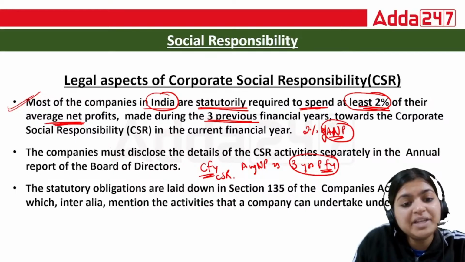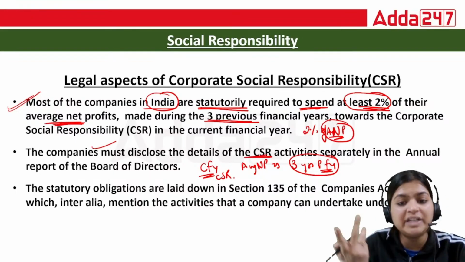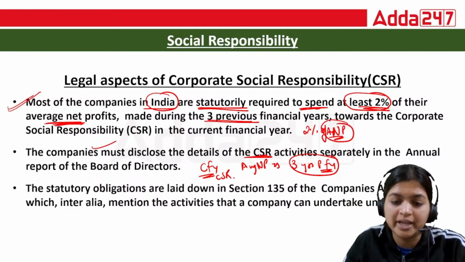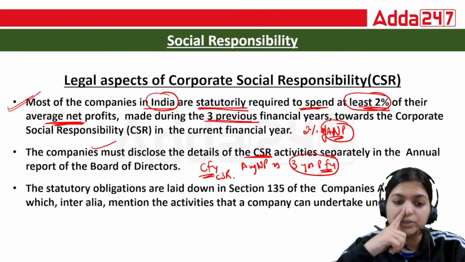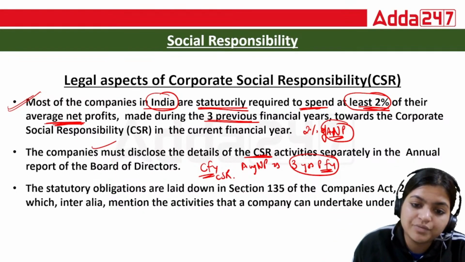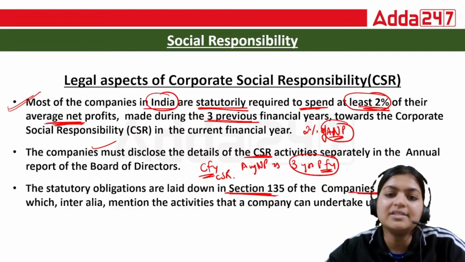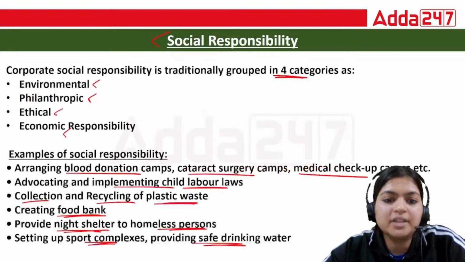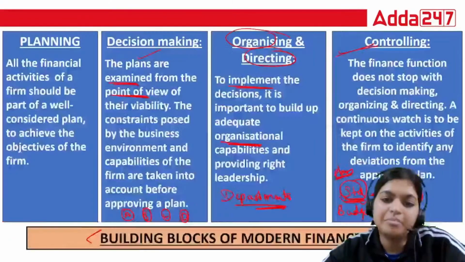Companies complying with CSR need to disclose the activities, their details, and where they are complying, so in their board report they also need to show this. As per Section 135 of the Companies Act, they need to comply with CSR activities. So with this we have completed your overview of financial management.